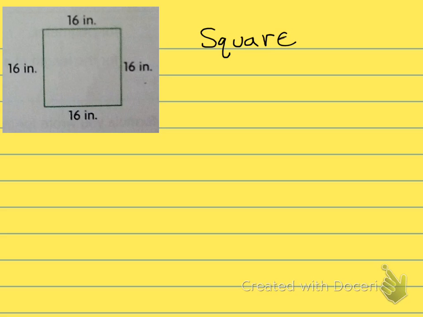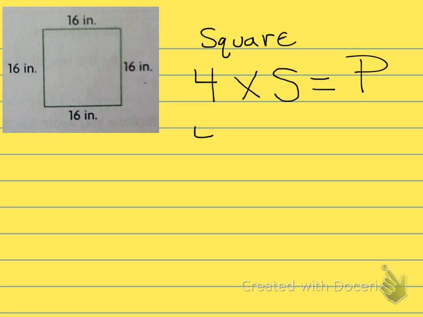One of the things you want to be careful not to do, because we will be looking at area as well, is not to get these formulas mixed up. So 4 times the side length would give me the perimeter.